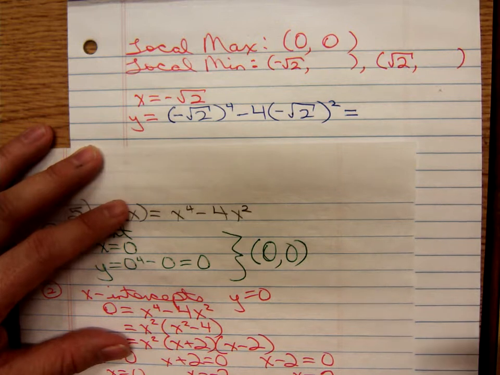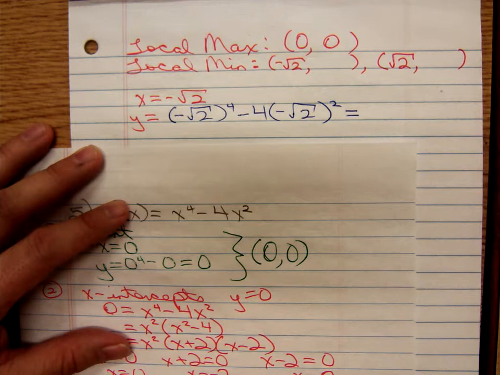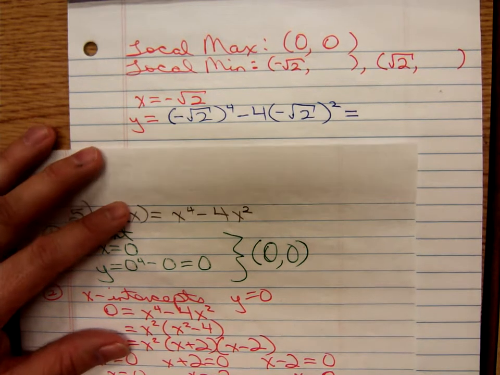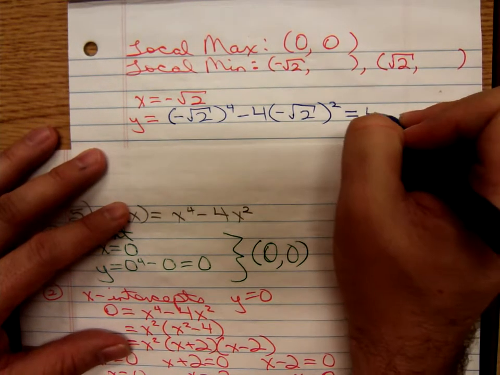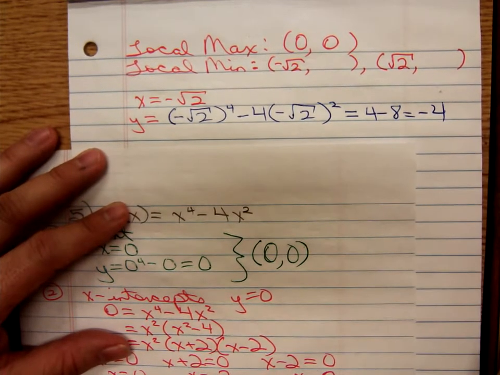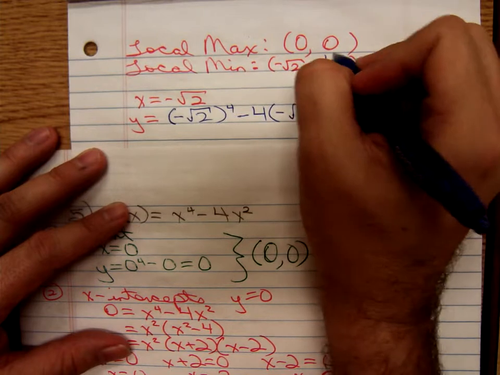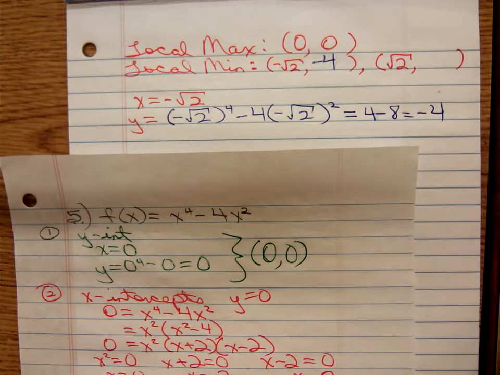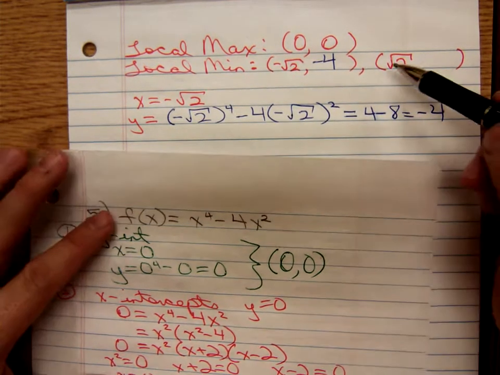I'm getting a y coordinate of negative 4. And I'm going to change colors to plug in the positive square root of 2.